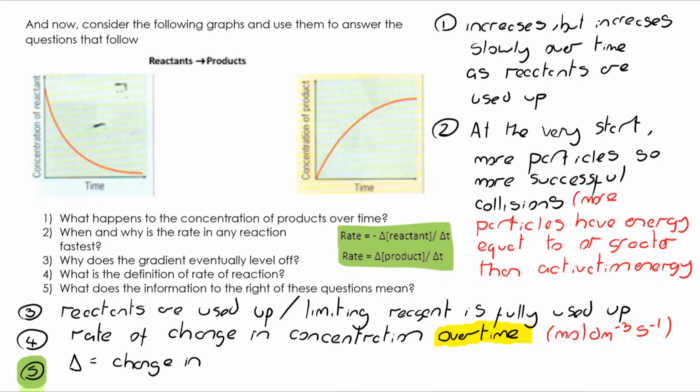And we can see it here for change in reactants and products, and also change in time. But I'm going to remind you of something that came up earlier in the video as well, and that is that the square brackets tell us we're dealing with concentration in moles per decimeter cubed. So the rate is the change in concentration of products over the time it took, the change in time, for example.